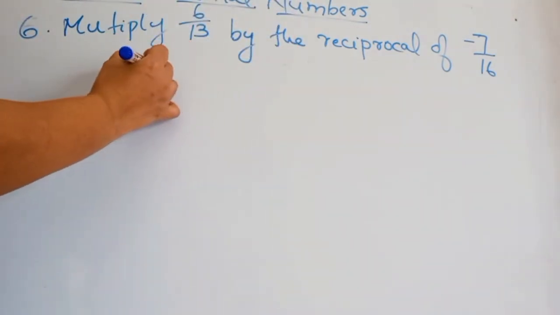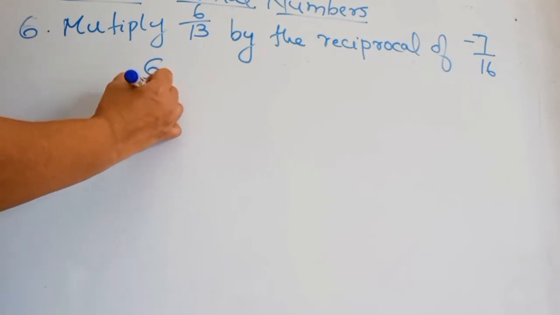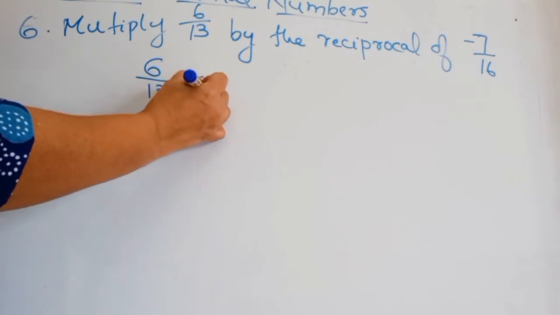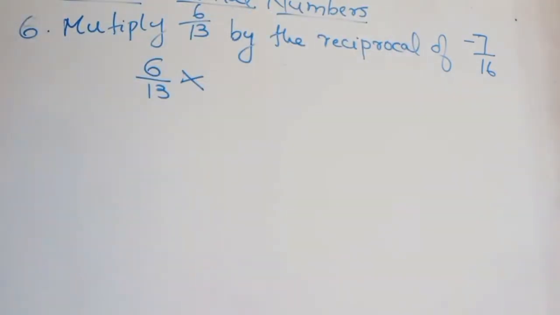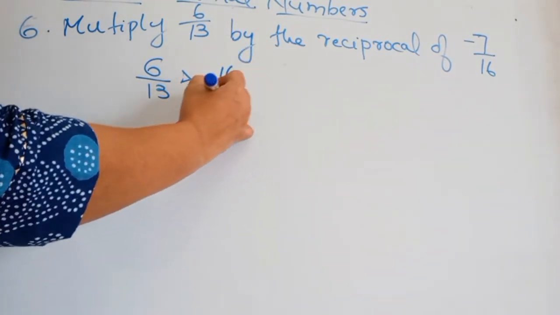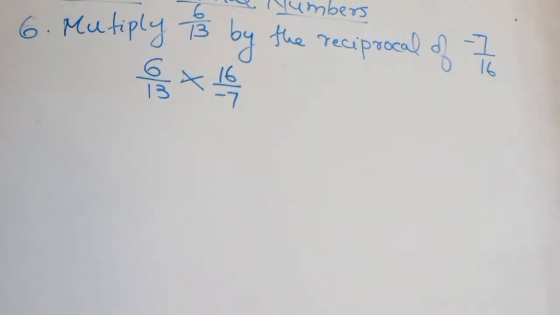So we can try this. What is the reciprocal of minus 7 by 16? We know that it is 16 by minus 7.